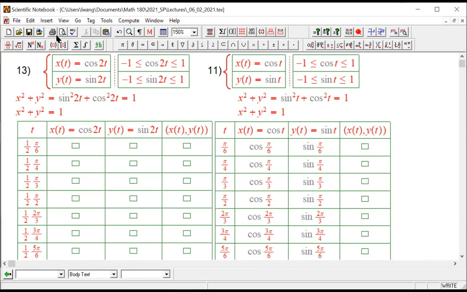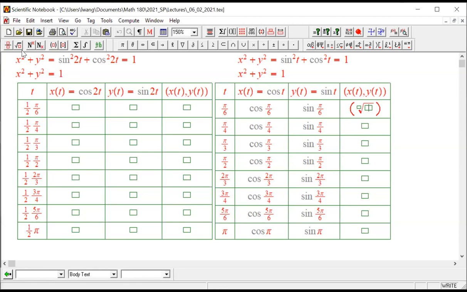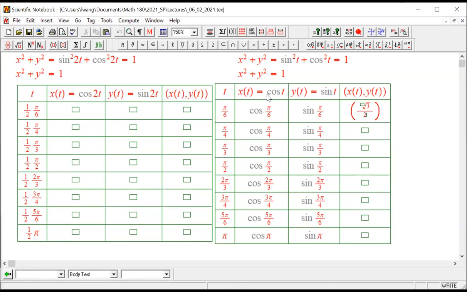Okay, so for this point, it's going to be root 3 over 2, comma half. Okay, so we're going to see a couple points to see that. Cosine 2t is 2 times pi over 6. Oh, I'm sorry, half. It's half of that, right?